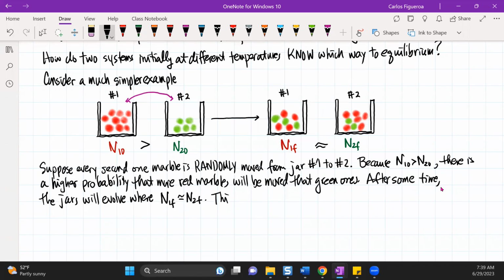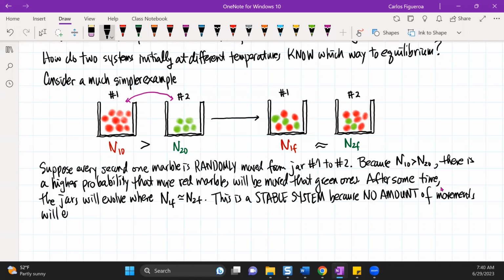So I would say that this is a stable system, because no amount of movement will ever separate the red and green marbles as in their initial state.